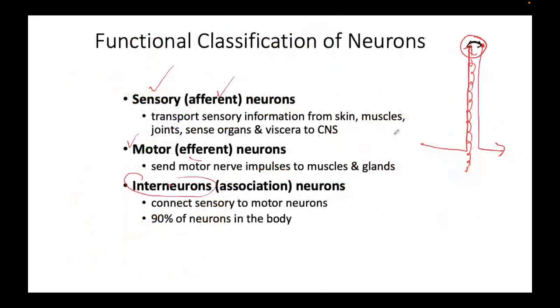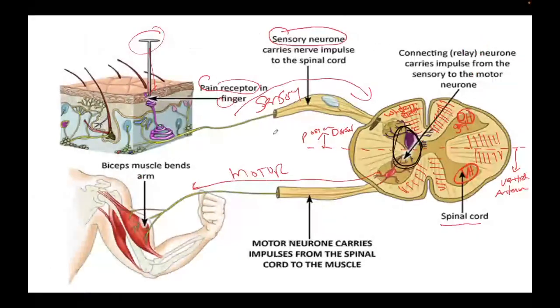Remember, there are sensory neurons, motor neurons, and interneurons, aka association neurons. So this association neuron, or interneuron, is going to relay that input to the ventral horn, and then the motor neuron sends the information out to the muscle that's going to make it contract to withdraw from that painful stimulus, because remember, your finger got pricked by that nail.